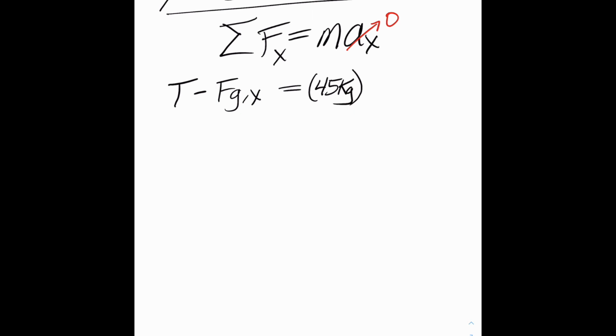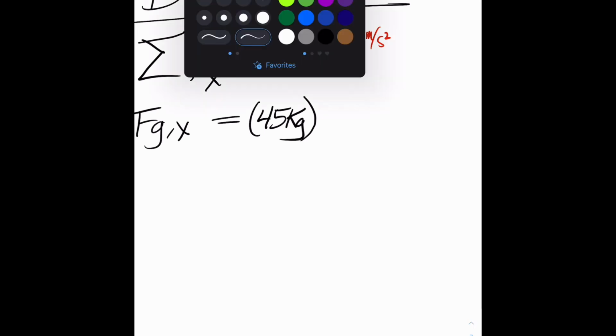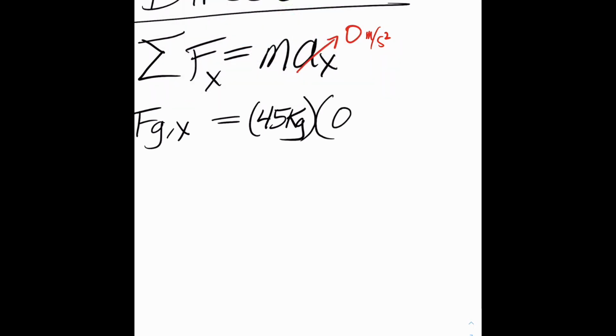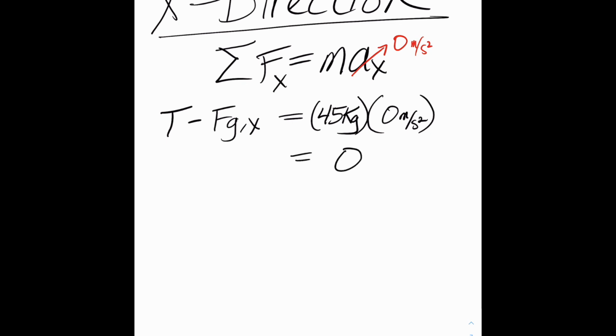We are not speeding up or slowing down at all as the object is being pulled up the incline. Constant velocity means the acceleration is 0, and therefore we have a 0 right here. And 0 times 45 is just equal to 0.